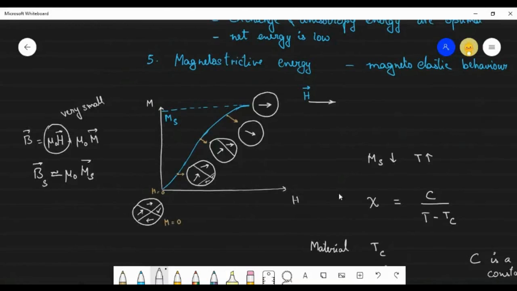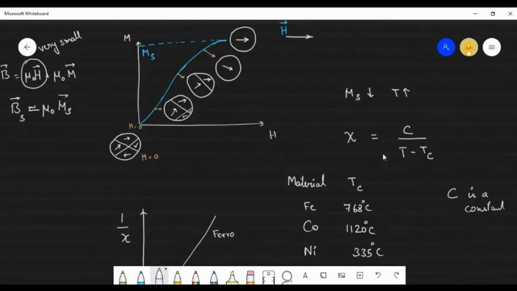Hence, the susceptibility of a ferromagnetic material is temperature dependent, and as temperature increases, the saturation magnetization decreases because increase in temperature increases thermal vibration, destroying the coupling interaction.